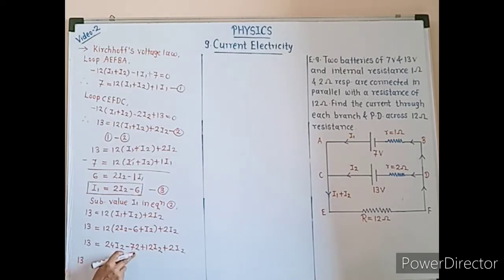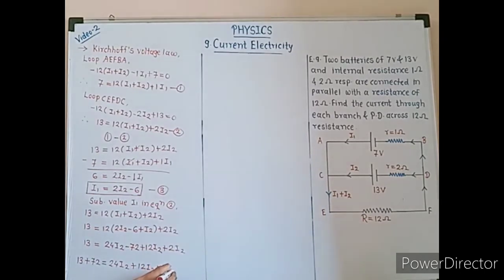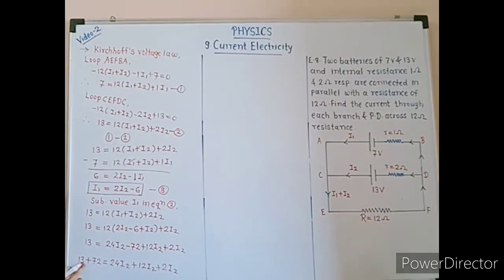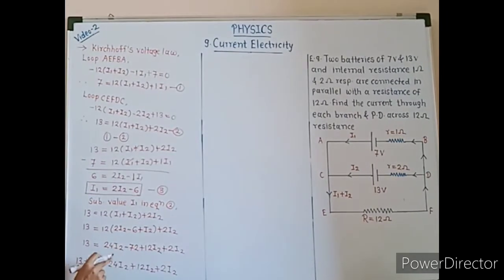By rearranging the terms, this minus 72 becomes plus. So 13 plus 72 is equal to 24 I2 plus 12 I2 plus 2 I2.